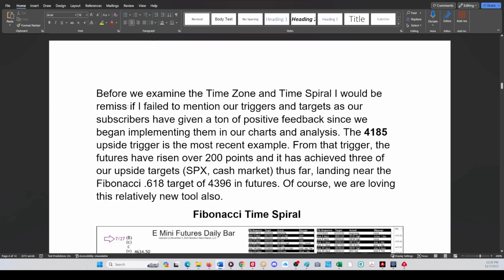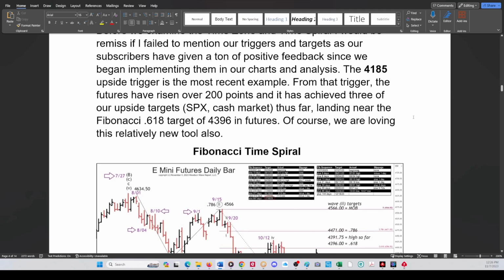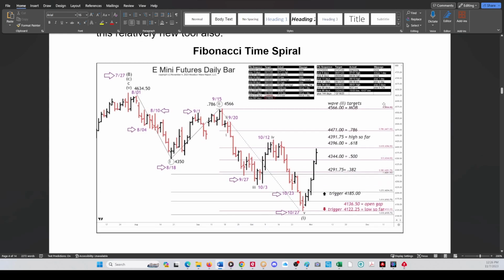Okay, and then I would be remiss if I failed to mention triggers and targets. Okay, 41.85 upside trigger is the most recent example you can see there. I threw the table for the Fibonacci time zones, the Fibonacci targets, in here. They're hard to read, but they're easier to read on the table.